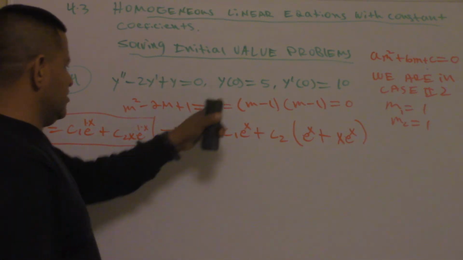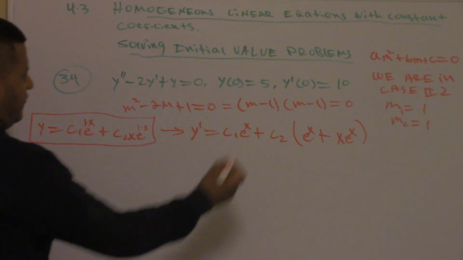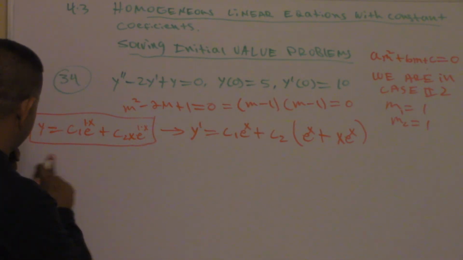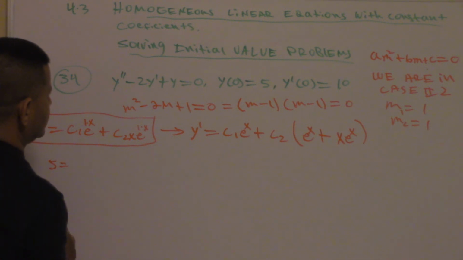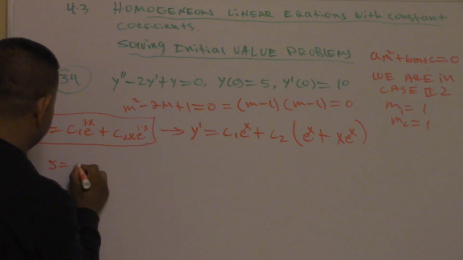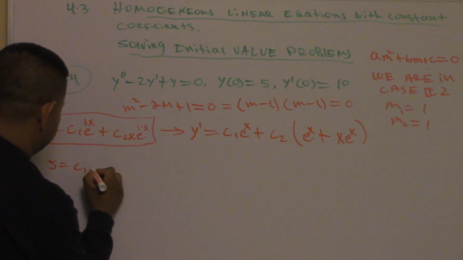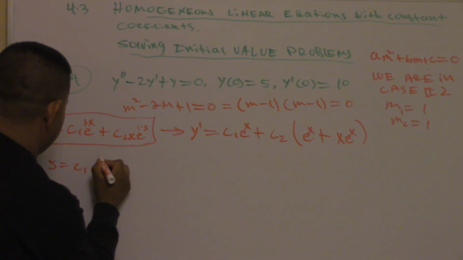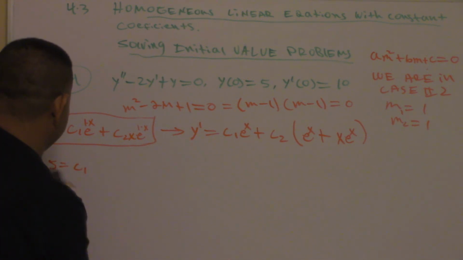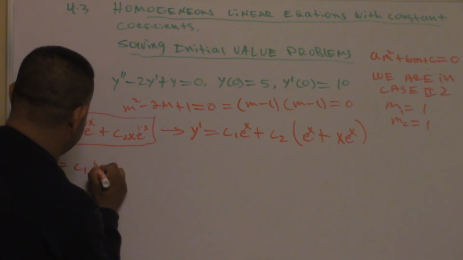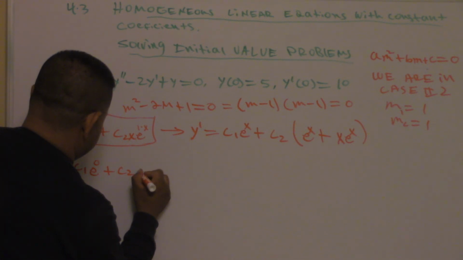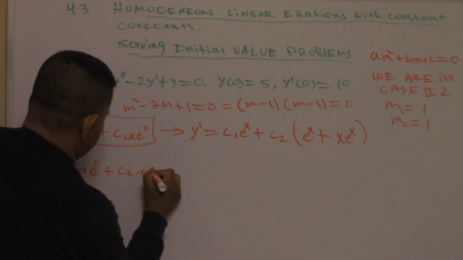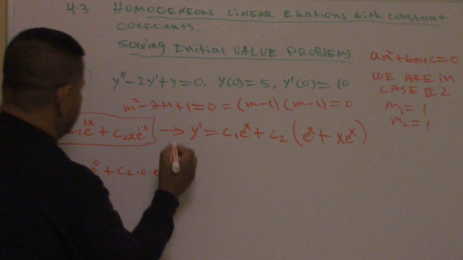So the initial condition for this one right here: I'm going to substitute 5 for y, and I get 5 is equal to C1 times e to the 0 plus C2 times 0 times e to the 0.